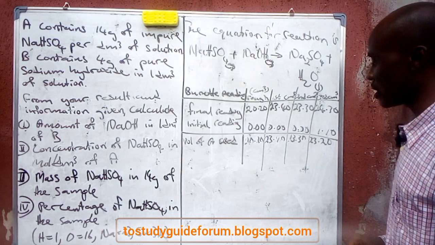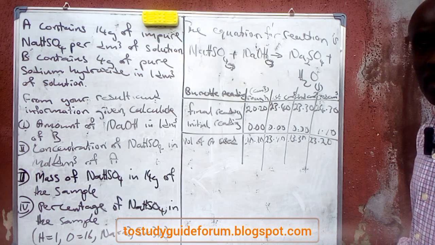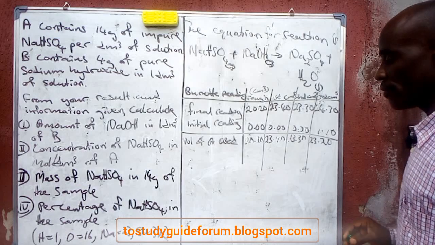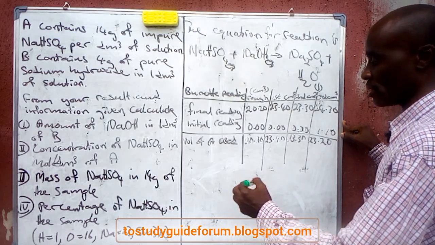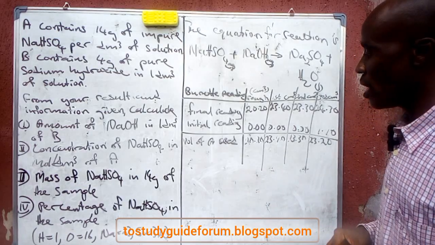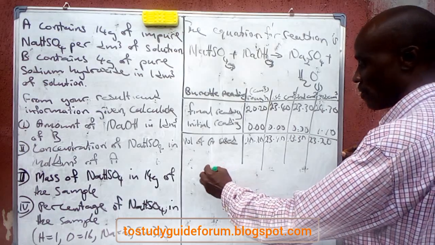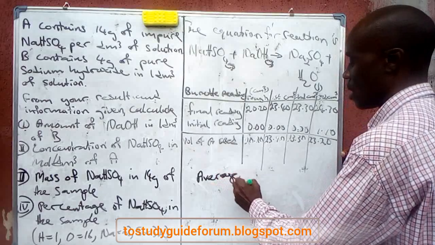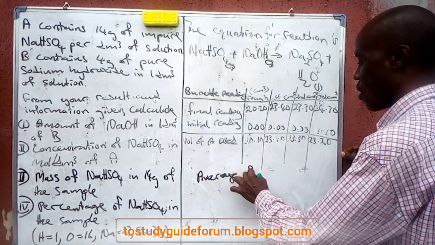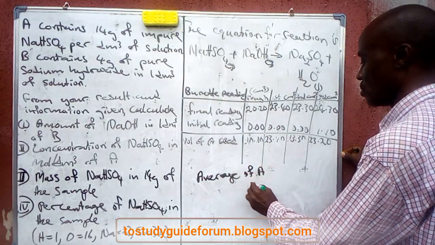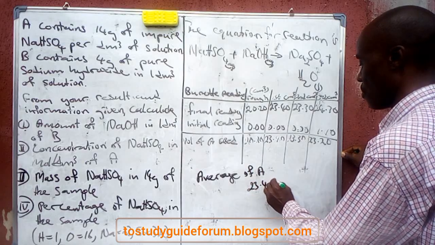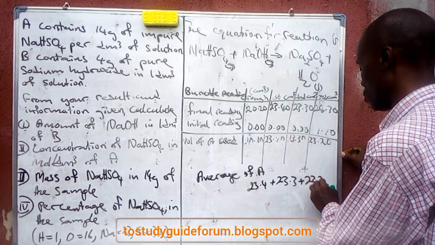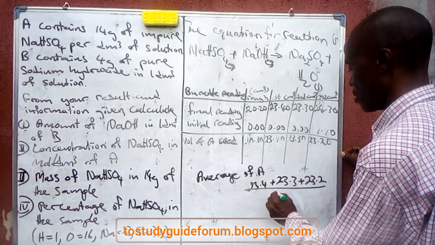Since they fall within this range, we are going to use all the volumes we have here and take the average to calculate the average volume of A. The average of A will be 23.4 plus 23.3 plus 23.2 all over 3, because they are 3.